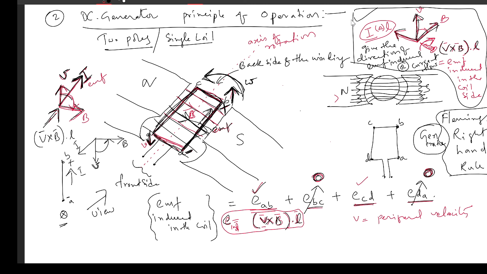The current flow will be in this direction. So the screw will be moving like this. So V cross B in anti-clockwise direction. So it will come inside like this.